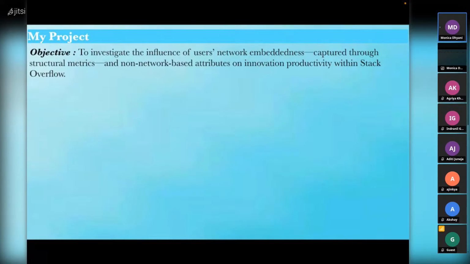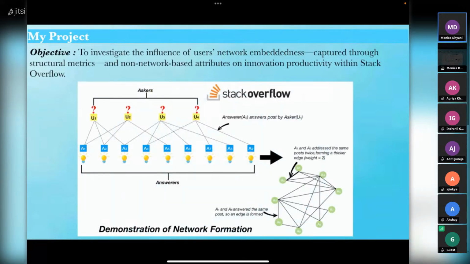So here I explain what my work actually is. The objective of my work is to investigate the influence of users' network embeddedness, captured through structural metrics and non-structural metrics. Network metrics are all the metrics that I just talked about, like degree centrality, strength, clustering coefficient, and K-core index.